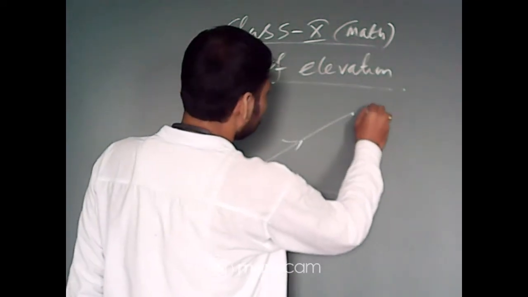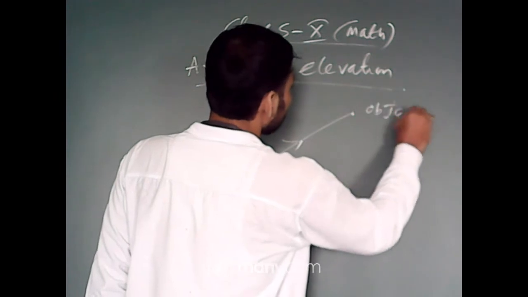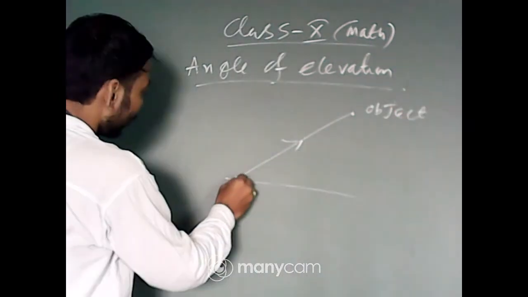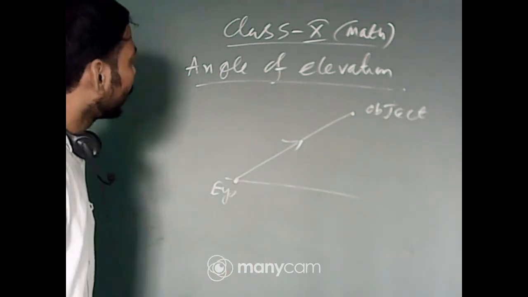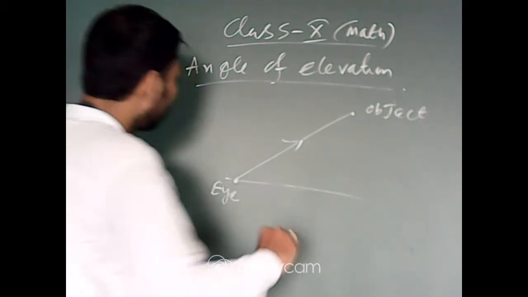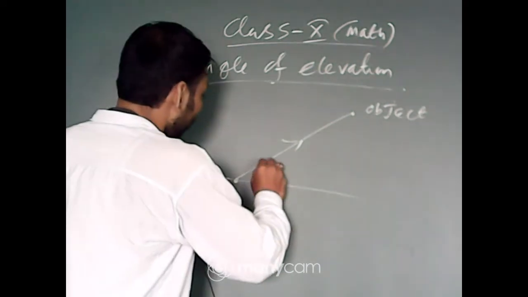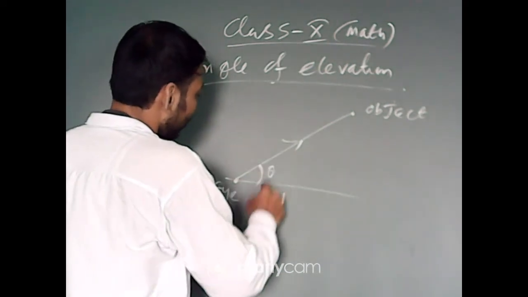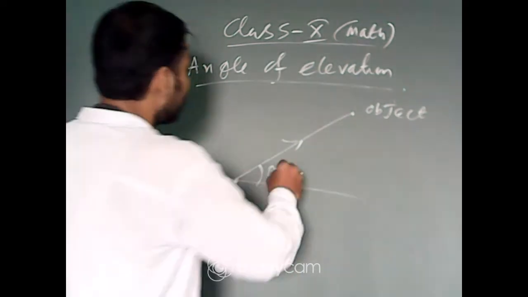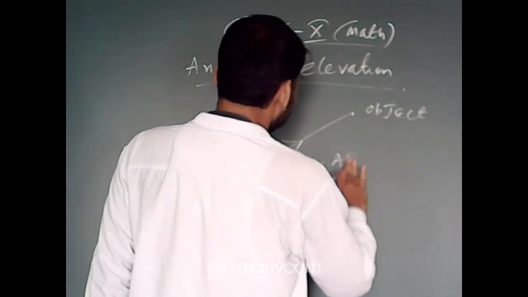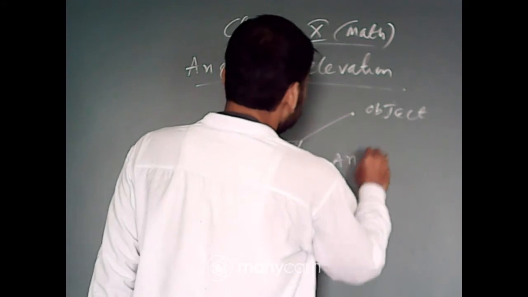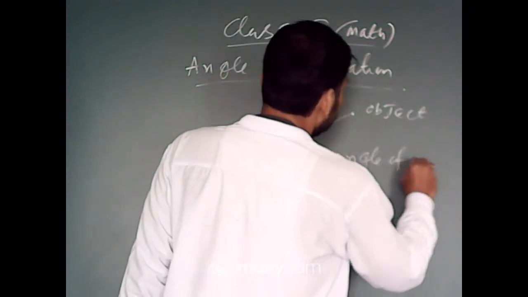Suppose there is an object and here are your eyes. So you are looking upwards, then the angle formed with the base, I am calling it theta, is actually the angle of elevation.